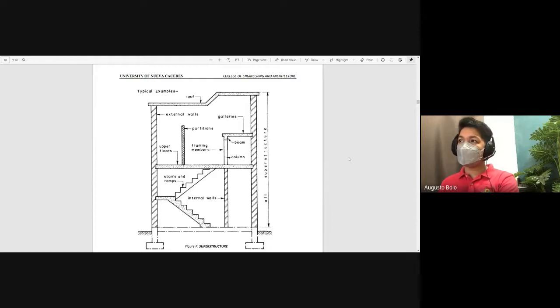Either external or internal. Externals are columns, parapet, balcony, projections. So part of that. So lalo yung mga internals such as walls, stairs, ramps, partitions, beams, columns, lahat. Those are part of your superstructure, even the roof.